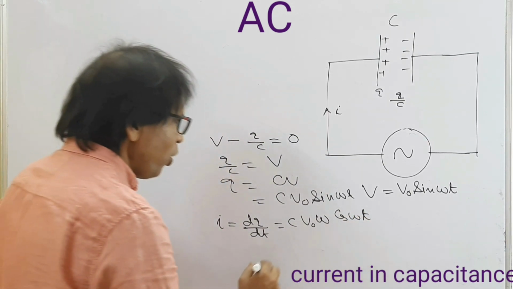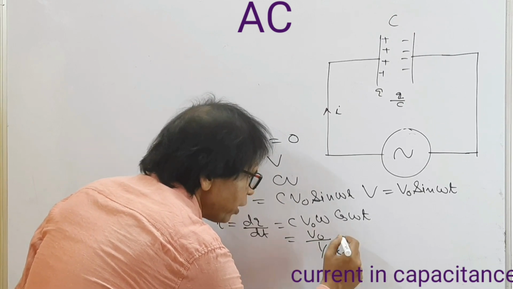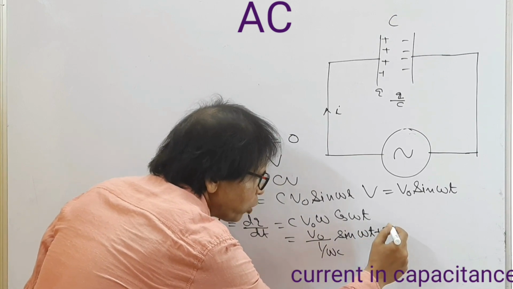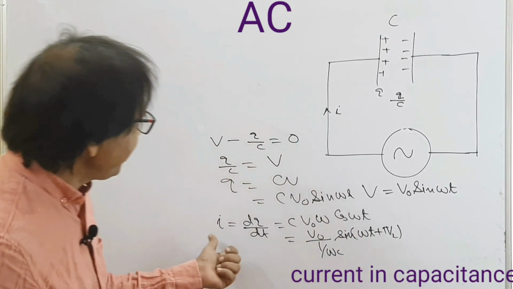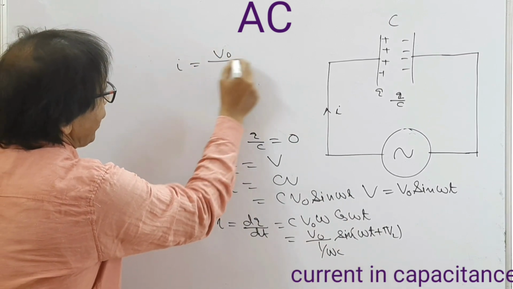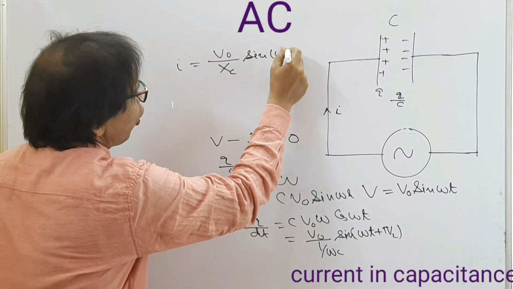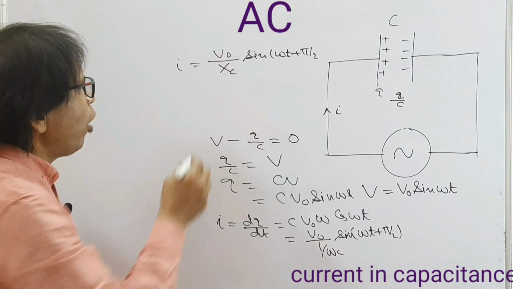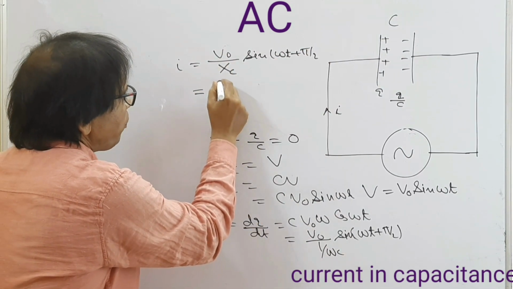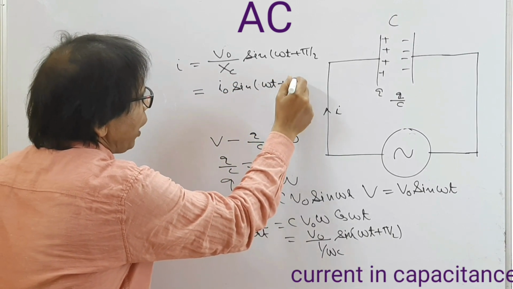Okay. Now look at this. This is V naught divided by 1 by omega C, sin (omega t plus pi by 2). Now this current I is equal to V naught by X C, where X C is the capacitive reactance of the circuit. Now V naught by X C is equal to I naught, the peak current, sin (omega t plus pi by 2).